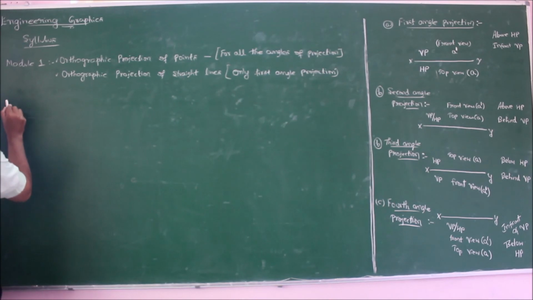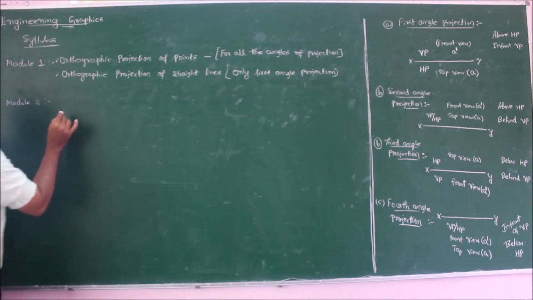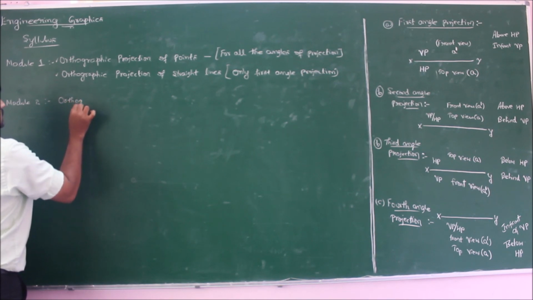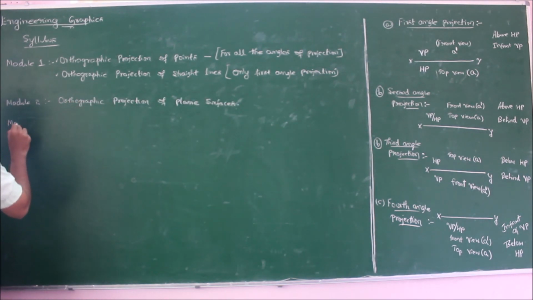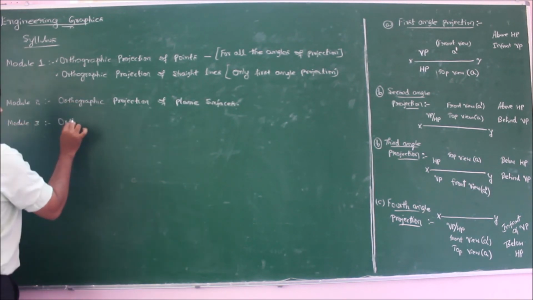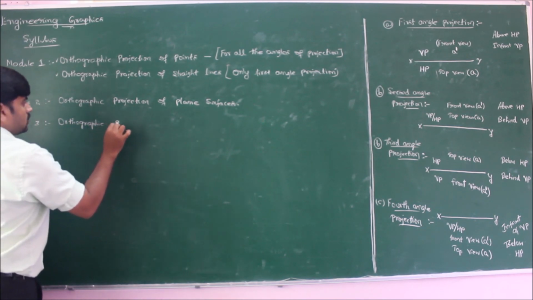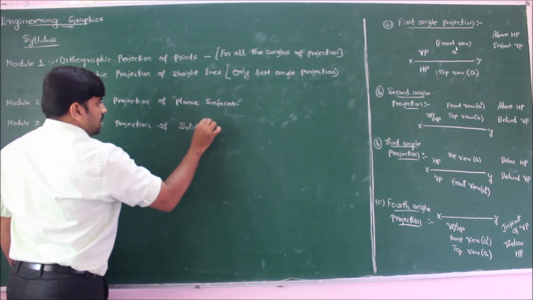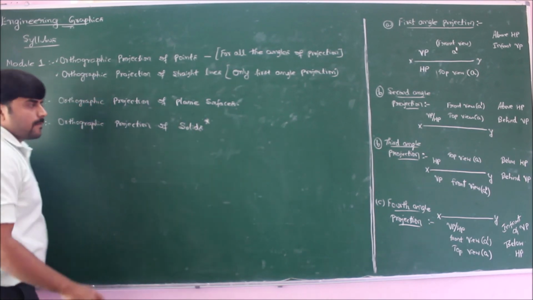Next, moving on to module 2, we will be discussing orthographic projection of plane surfaces. Moving on to module 3, that is orthographic projection of solids, which is a very important module.